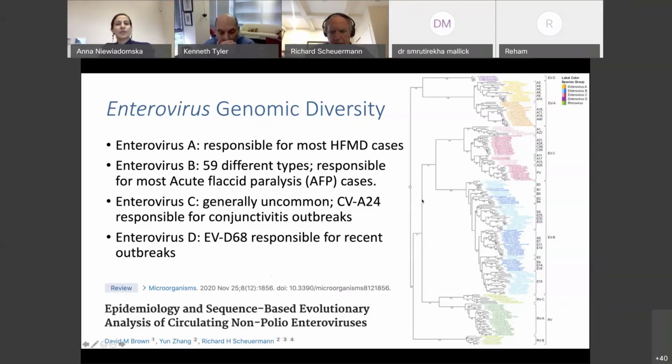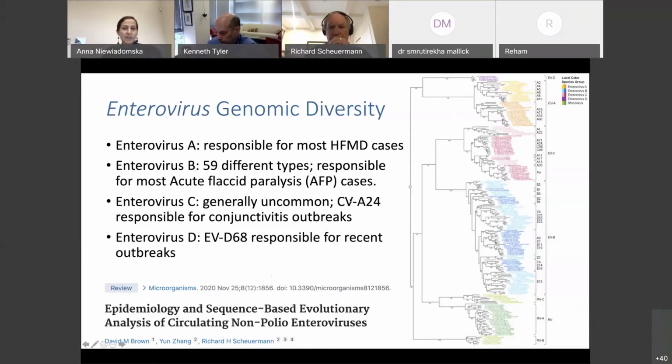So we know that Enterovirus A is responsible for most hand, foot, and mouth disease cases. Enterovirus B has 59 different types, and they're mainly responsible for acute flaccid paralysis cases.